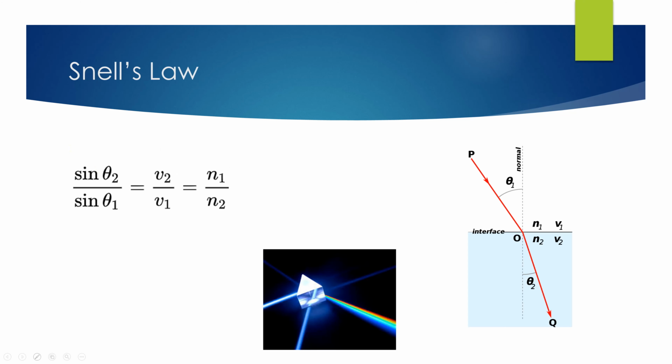One of the most important items to consider when it comes to optics, and honestly one of my favorite laws, is Snell's law. Snell's law has to do with the light that is entering a material, based on the index of refraction. The index of refraction, n1 over here, if we assume that we are in air, is going to be 1, and then the index of refraction inside a material will be different than air.